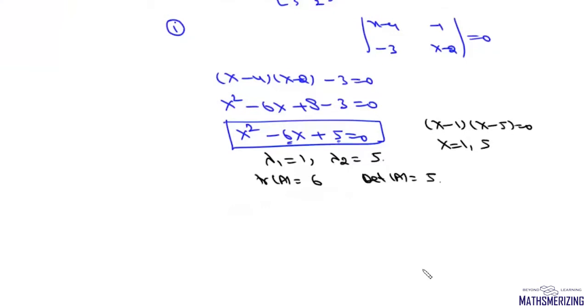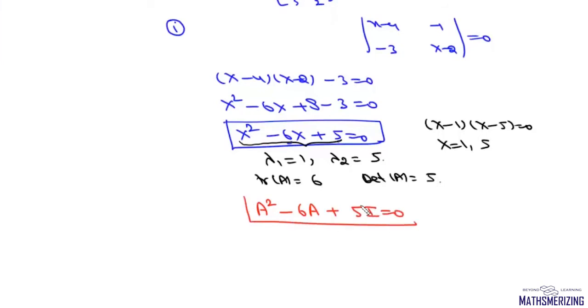Now Cayley-Hamilton theorem says this characteristic polynomial is the least degree polynomial of which this matrix A is a root. So from here we can say A square minus 6A plus 5I equals 0.